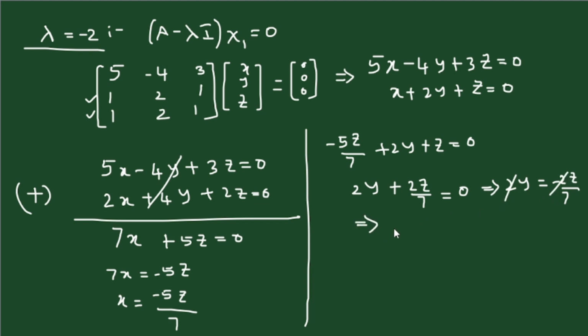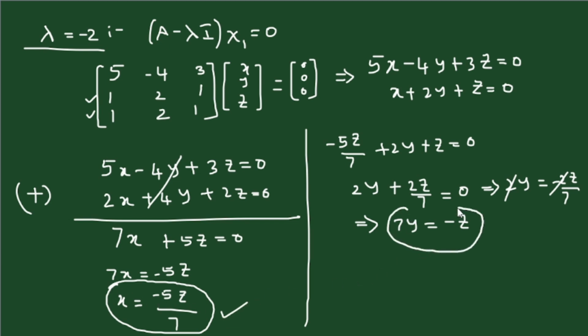You will get 7y equal to minus z. So we have got two different equations or relations, x equal to minus 5z by 7 and 7y equal to minus z.